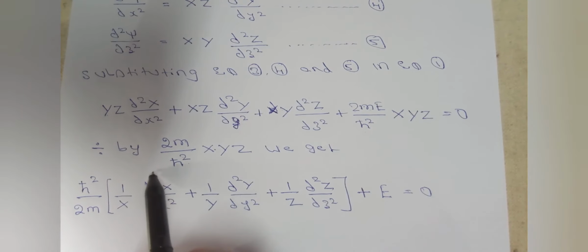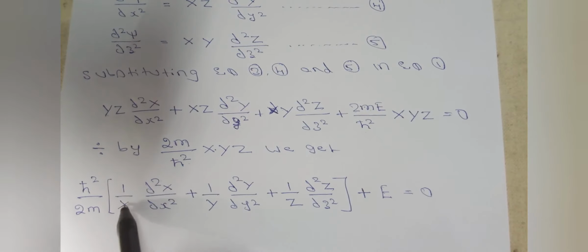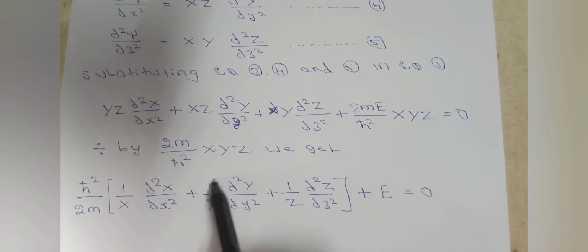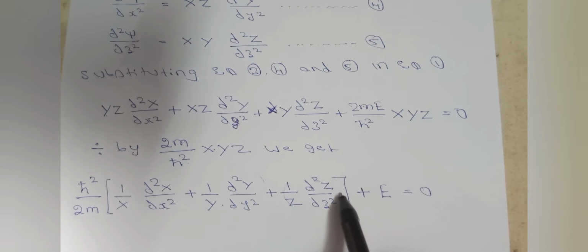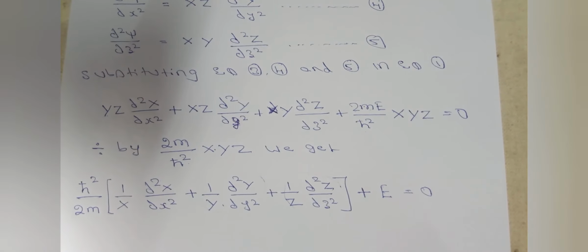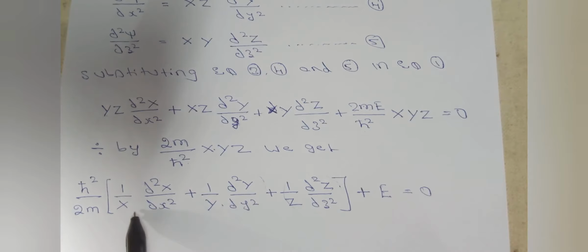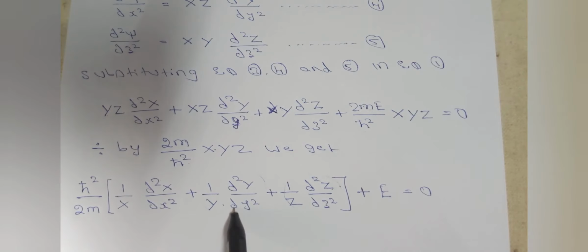Here we can observe the first term is a function of x only, the second term is a function of y only, and the third term is a function of z only. So we can separate this into three different equations: one is a function of x, another of y, and another of z.